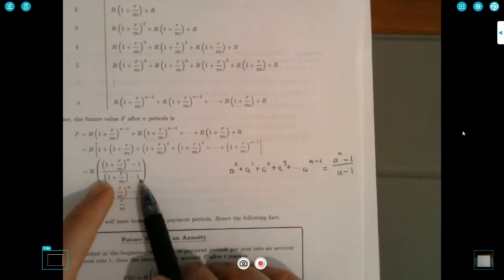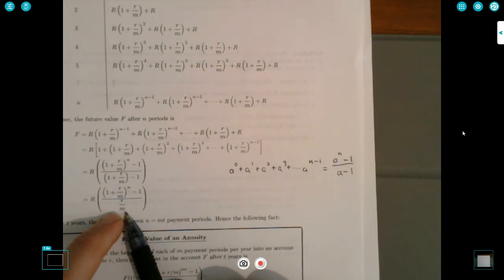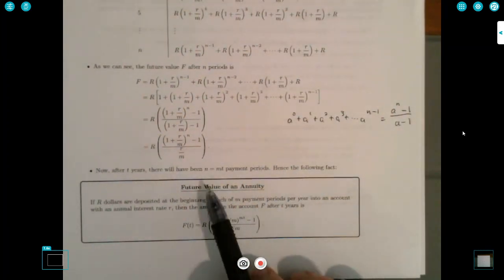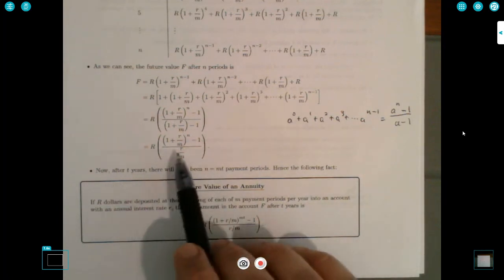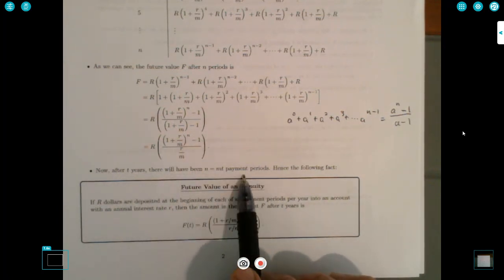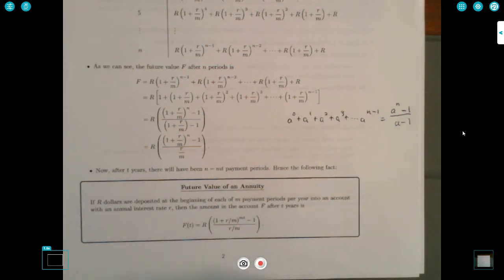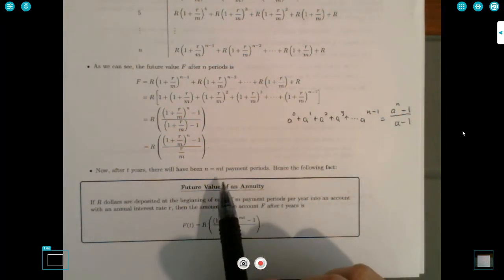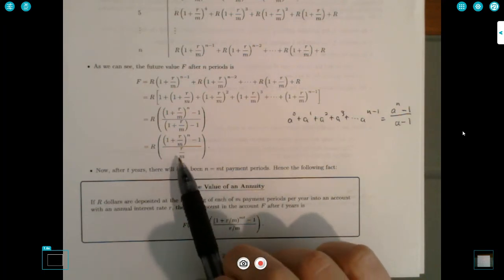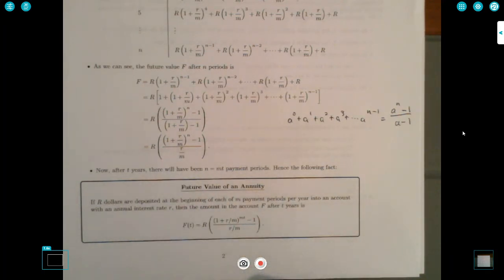The positive one and the negative one cancel, giving you that. And then finally, we're going to replace n with mt, because after t years, there will have been m times t payment periods, because we're assuming that this is a simple annuity. So the number of payment periods is equal to the number of compounding terms in the year.